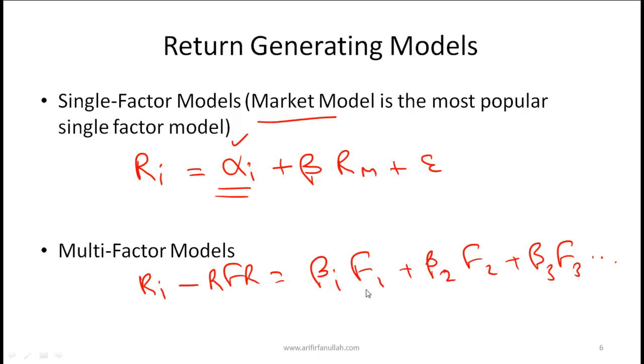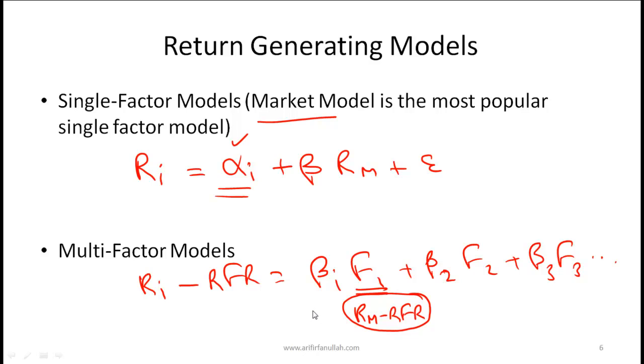Typically the first and most important factor is based on market returns: the return on the market minus the risk-free rate. In the US economy, for example, F1 would typically be the return on the market minus the risk-free rate in the US. And the beta is sometimes called the factor loading or the factor sensitivity.